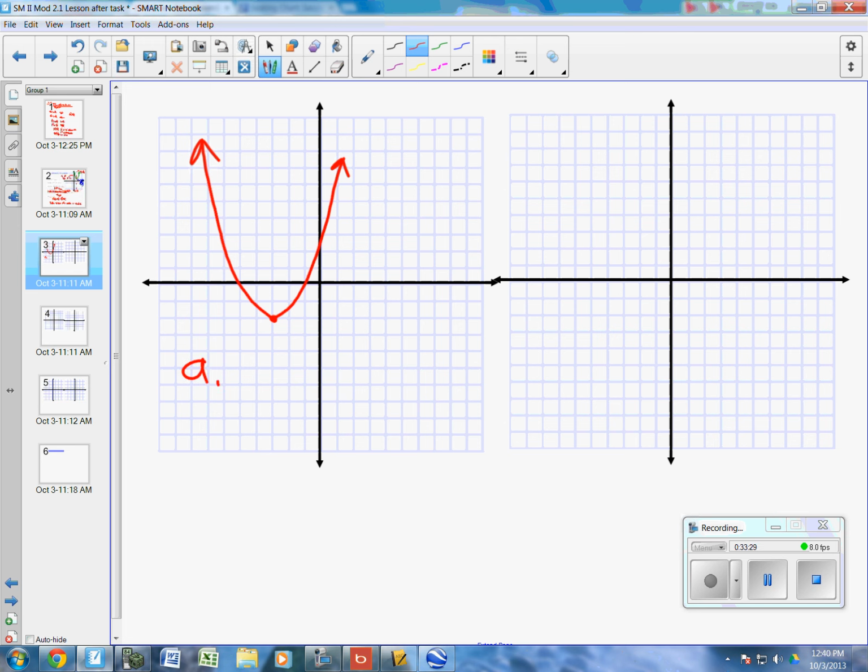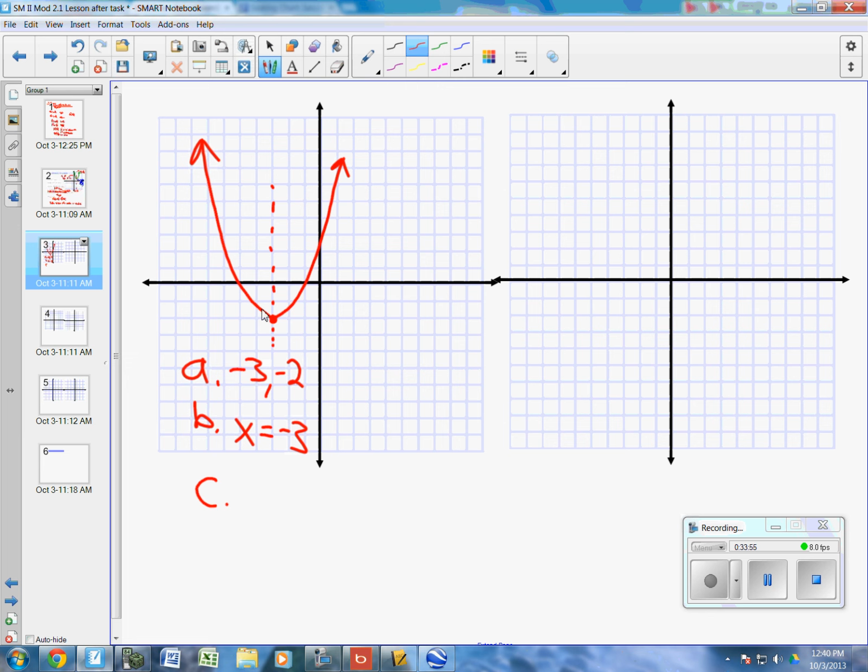Okay, the vertex is at -3, -2, right? B, the equation of the axis of symmetry is x equals -3. It's this line right here. Notice that every x coordinate on it is -3. It goes through the vertex, so it's got to be the x coordinate of the vertex.